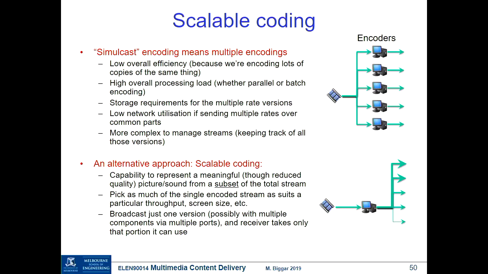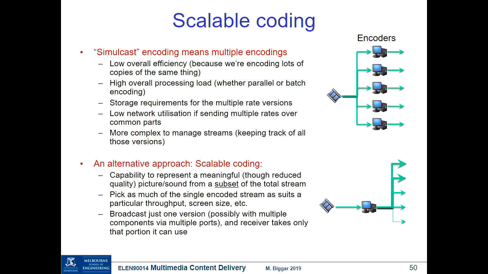We have to store all those different versions, and we have potentially lower network utilization in the sense that we might be sending the same video over the same common parts of our network, but in different formats to suit our different target rates or target resolutions. We also need to keep track of all those versions to make sure that we're sending the right one to the right device. And so these observations were the motivation for the development of an alternative approach. But it comes with its problems that we'll talk about in just a moment.